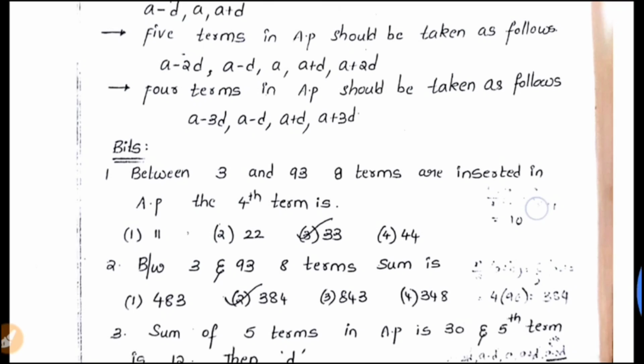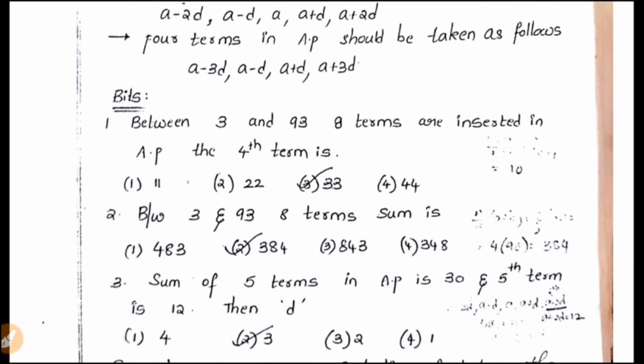Now some examples. Between 3 and 93, where the first term is 3 and the last term is 93, 8 terms are inserted. Find the fourth term in AP. So A is 3 and B is 93.